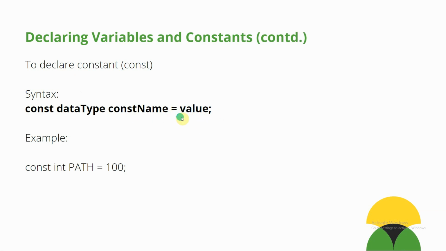So constant name equals the value and then a semicolon. For example, const int, and the constant name is path, path equal to 100, and then the semicolon at the end.